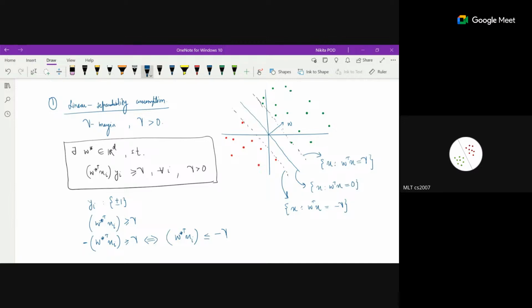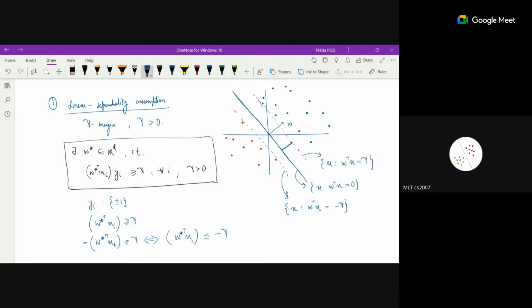I wouldn't say it is greater in a sense, there is some shifting. This is the boundary, but the dotted lines that you see are my margins.